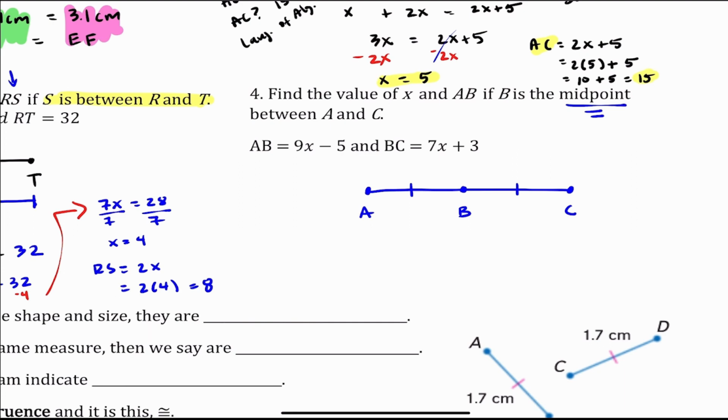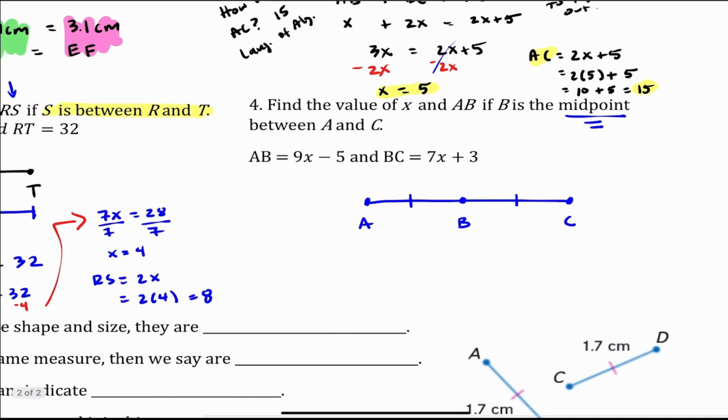We know that the measure of AB is 9x minus 5. And the measure of BC is just 7x plus 3. All right, well, what do I do if we have a midpoint problem?